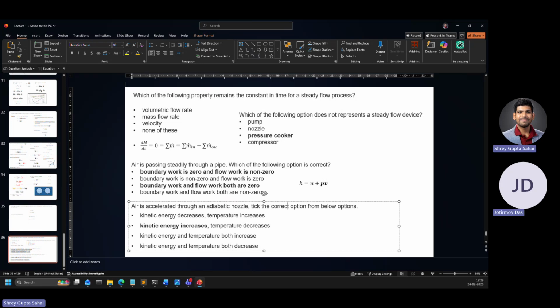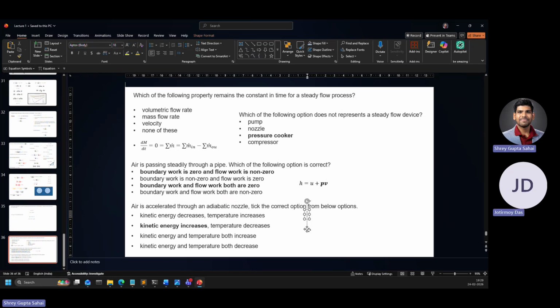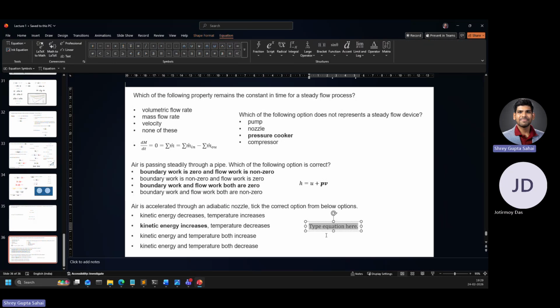Now about the temperature. It's an adiabatic nozzle. So here we will have to apply the first law. Actually, we are going to apply the first law only, but not in terms of internal energy; we have to apply it in terms of kinetic energy.